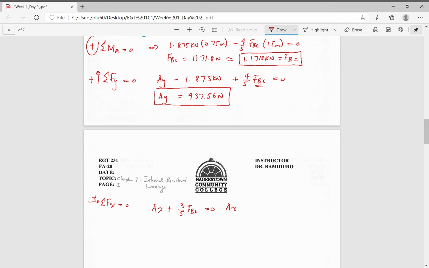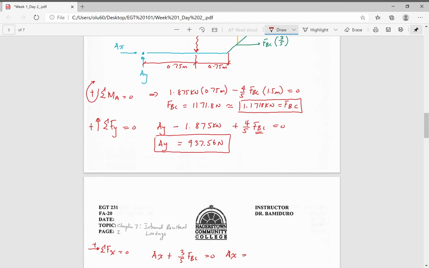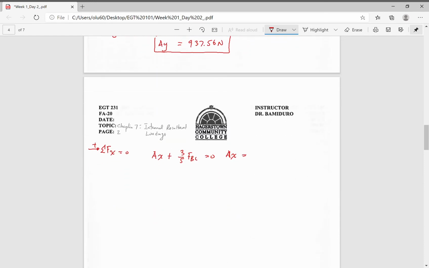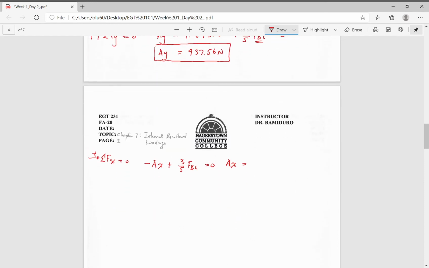In this case, we should make our AX in the opposite direction so it can give us a positive sign, since our direction was not right, so it has to be this way. So this would be a negative AX, and when you solve for AX, you're going to get a positive number, and AX is going to be 703 newtons.